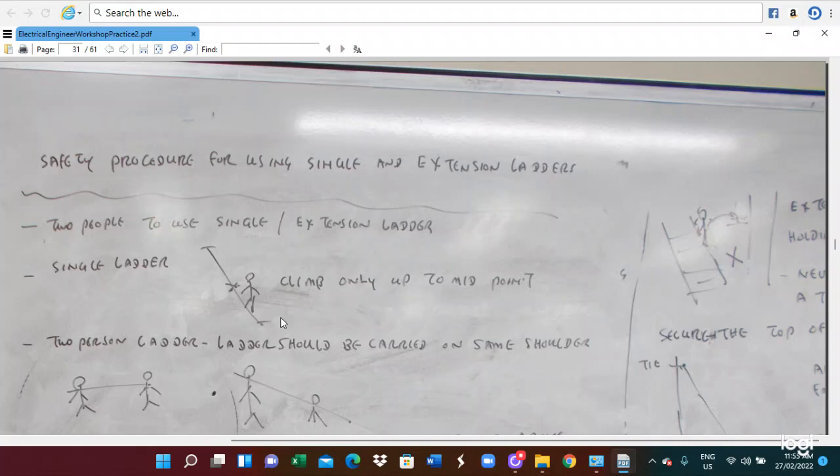So we only climb up to the mid position. If you are using a single ladder, only climb to the mid position.